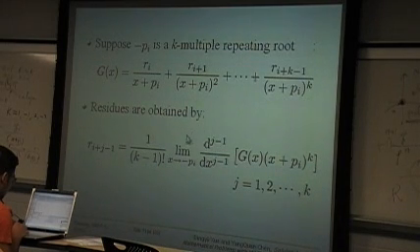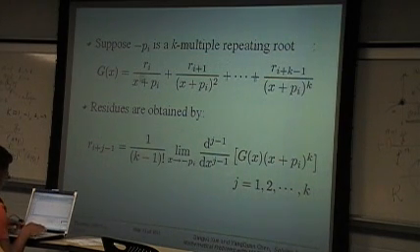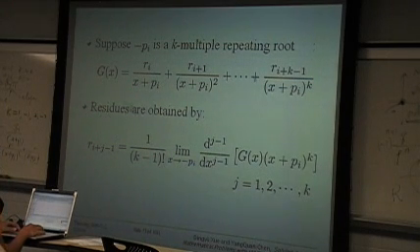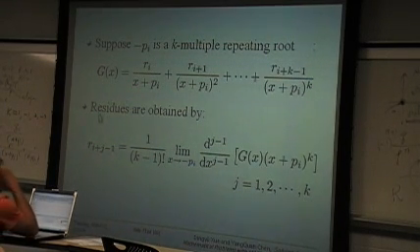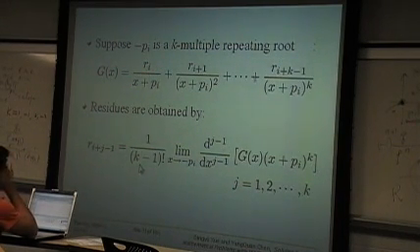And we use this formula to calculate the numerators there. So this is not the residue. These are the numerators of the partial fraction expansion to be evaluated by this formula.